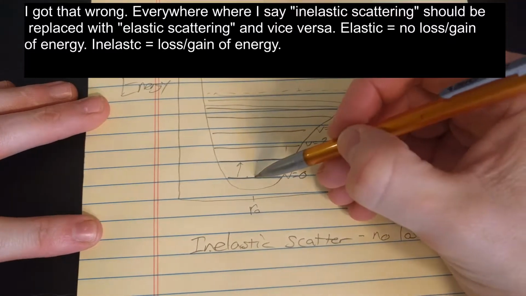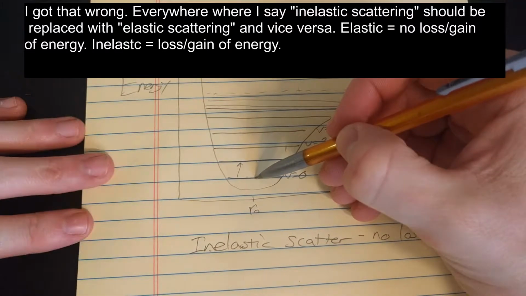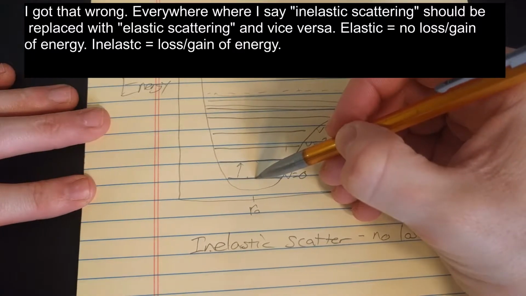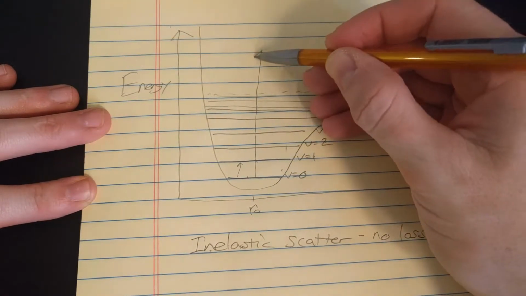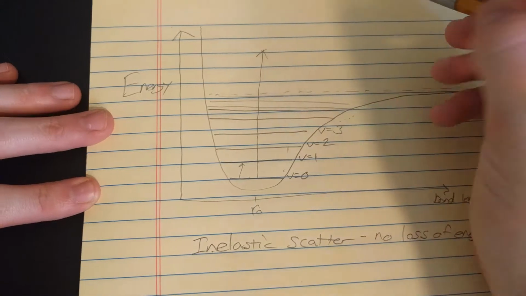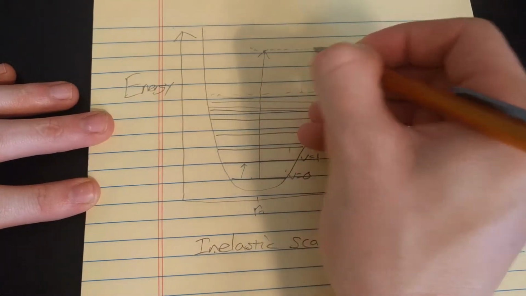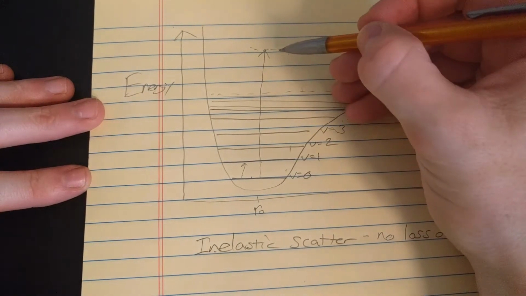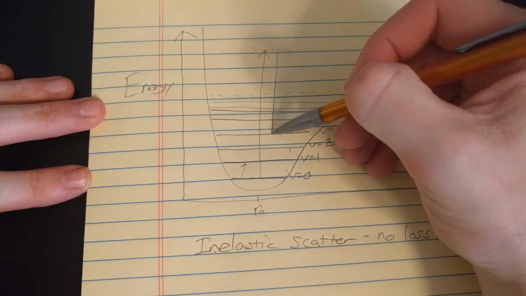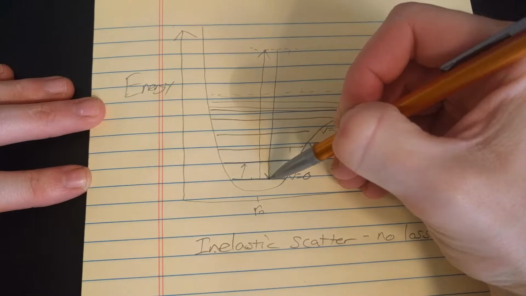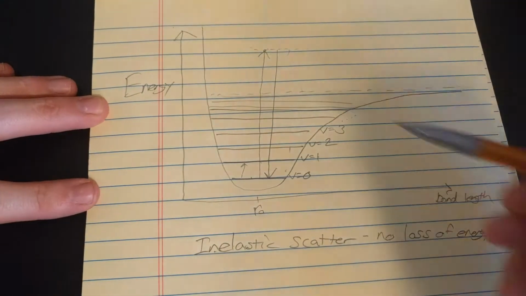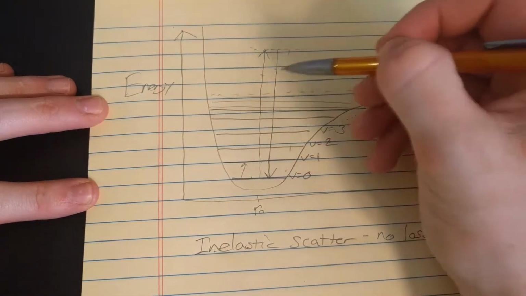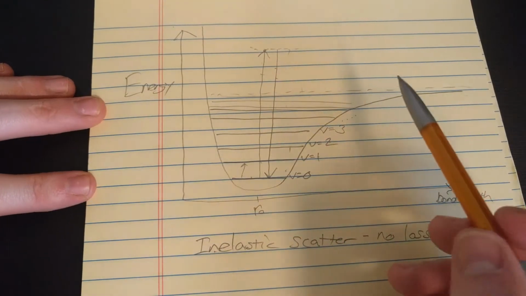So what would happen is you have radiation coming in. It could be of any energy, but say it has an energy equal to this. It comes in and interacts with a so-called virtual state, and then the molecule returns back to the same exact vibrational state. So these two arrows would be elastic scattering.